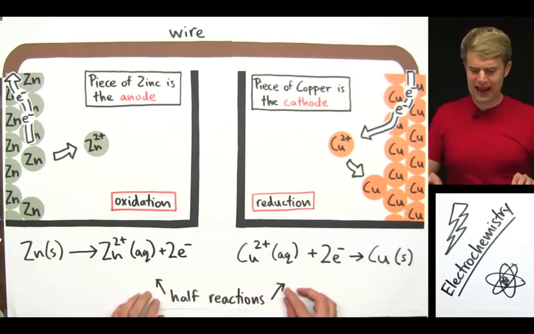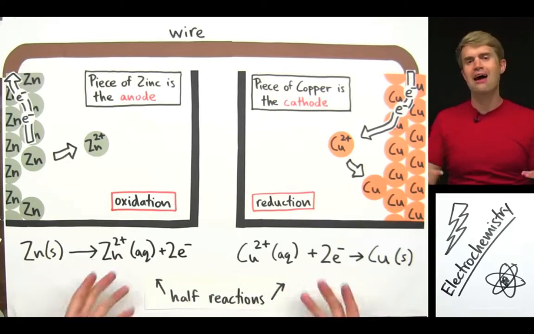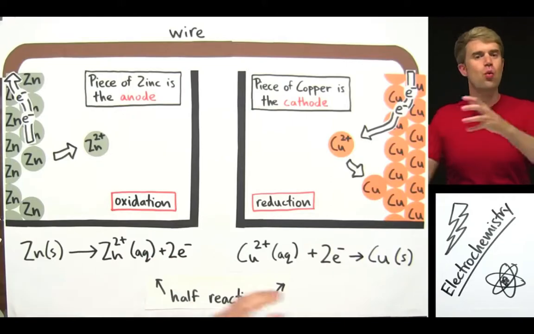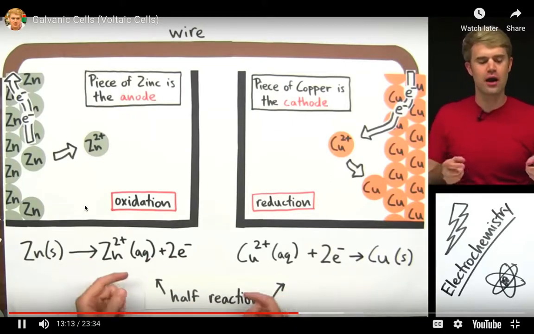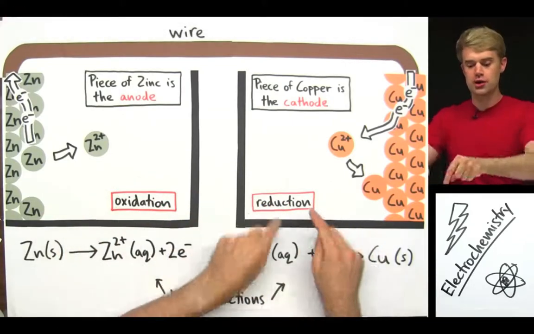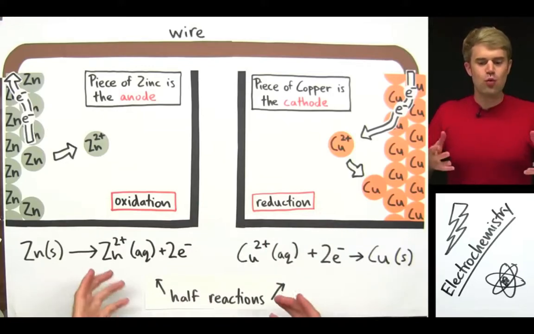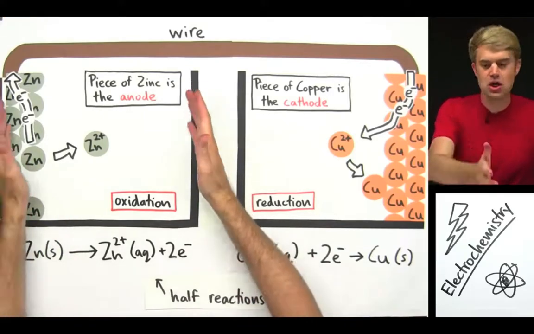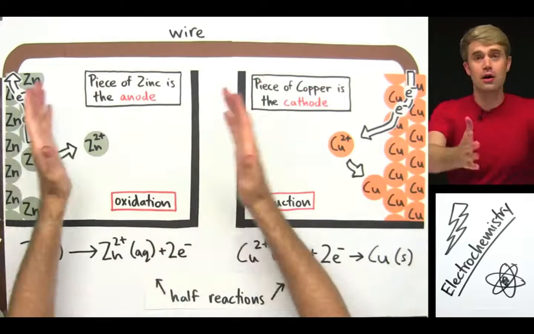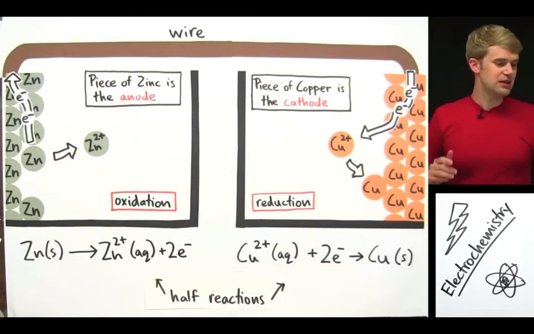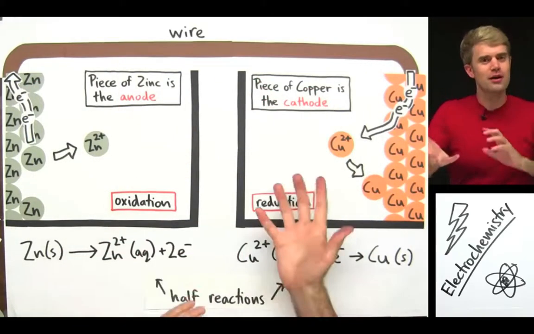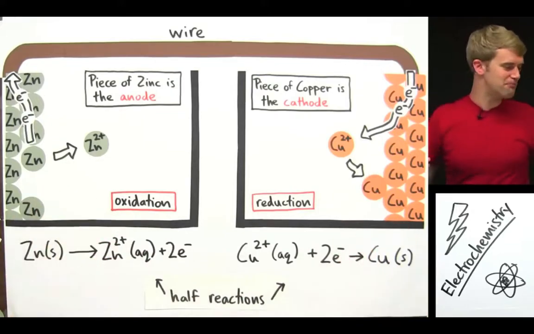Now, these 2 reactions that I wrote, we call them half reactions because each one of them tells half the story of the oxidation reduction process. And we can actually give names to these 2 parts of the voltaic cell as if each one of them is half of the big picture.